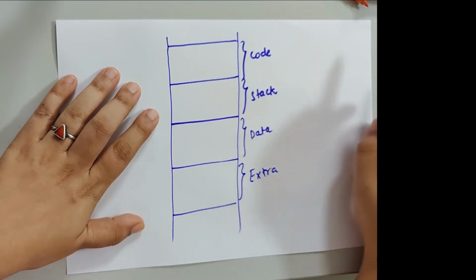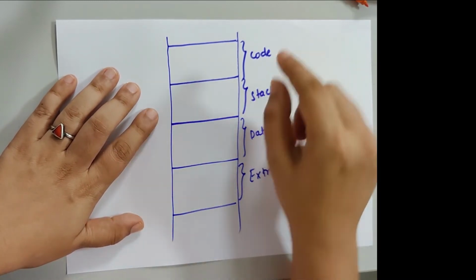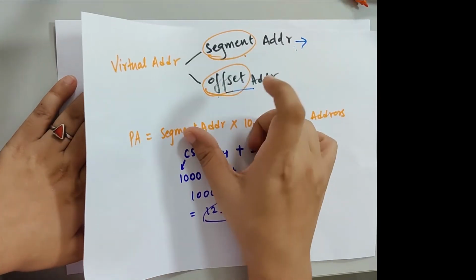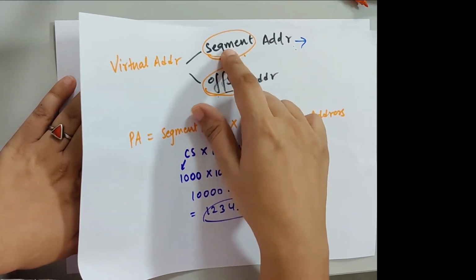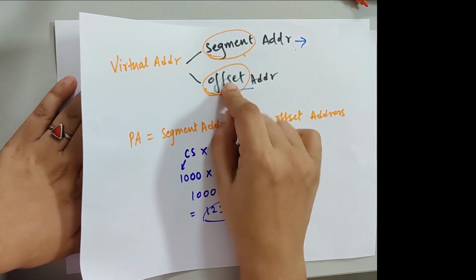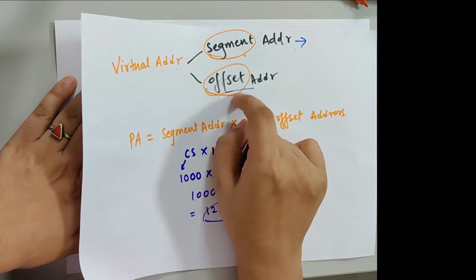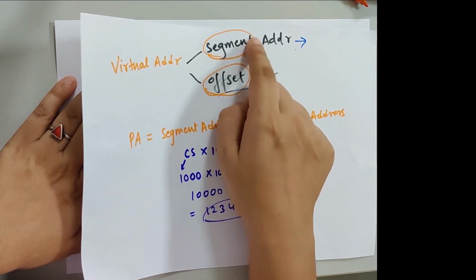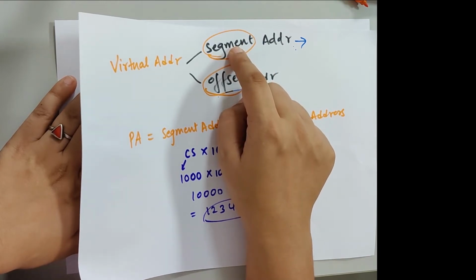Okay, now we saw that the virtual address is made up of segment addresses and offset addresses. Segment address represents the starting address of the segment, and offset address represents any location within that segment, right? So now these segment addresses are stored in the segment registers.